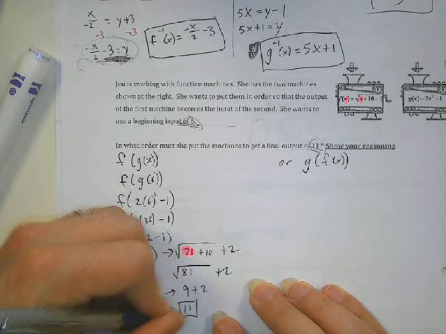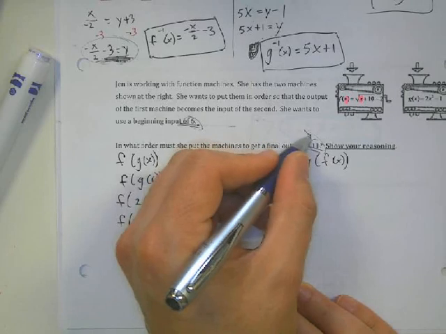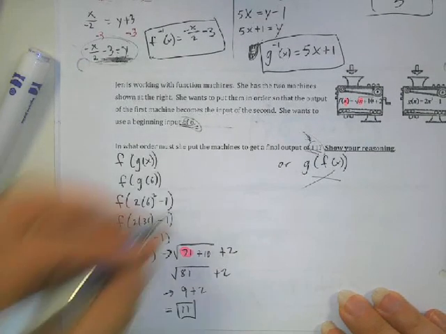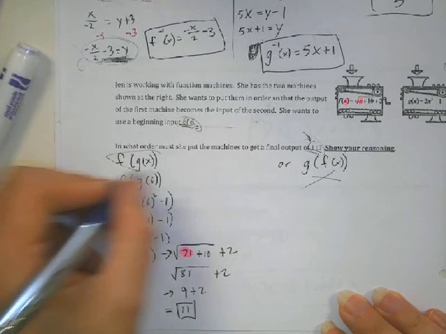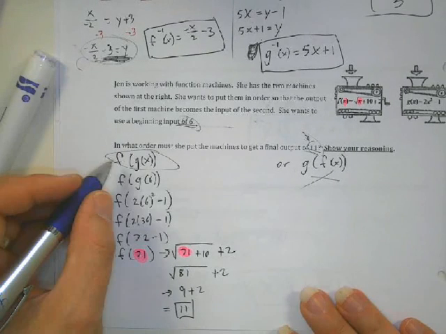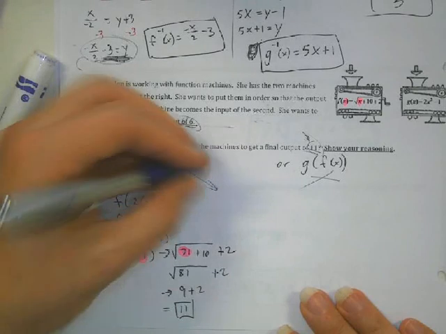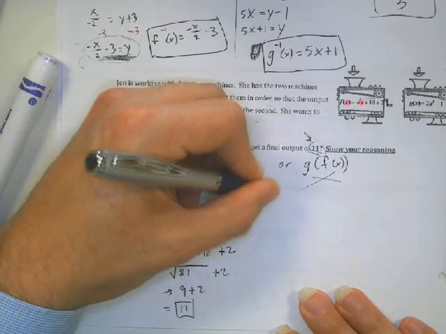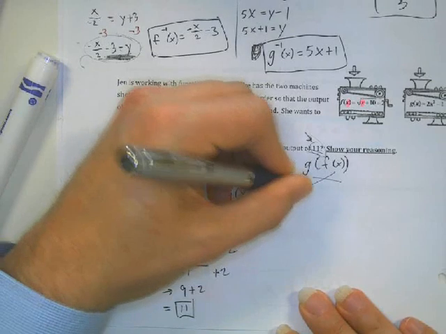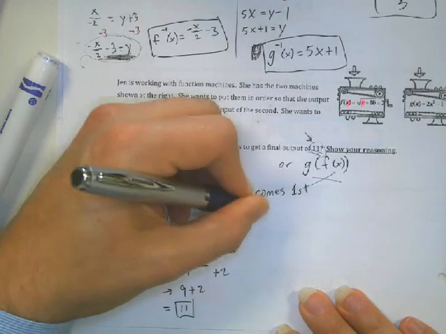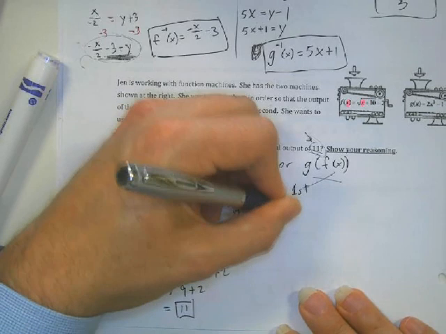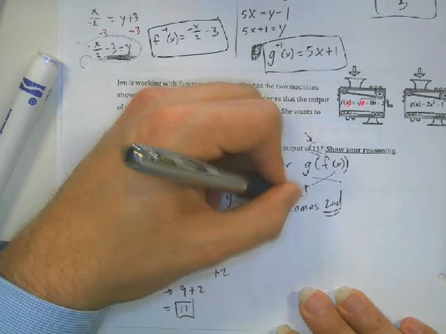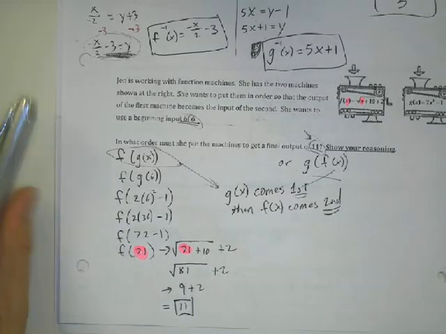Okay, we got the output that we wanted, didn't we? Okay, so I don't need to bother with this one here. And so when we have this first, what order goes first? This says we have g of x comes first, then f of x comes second. Okay, there we go.